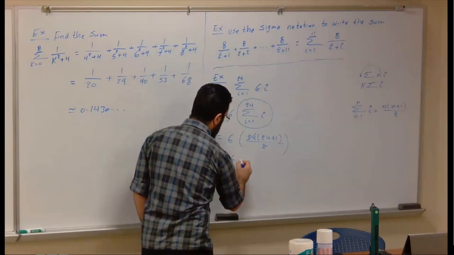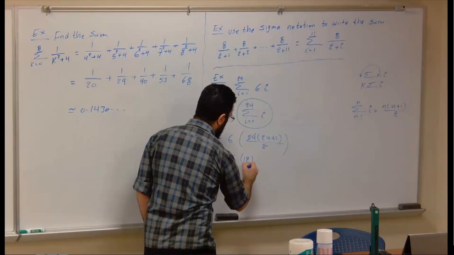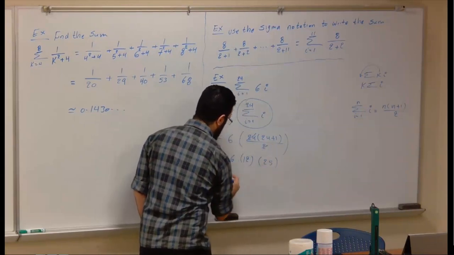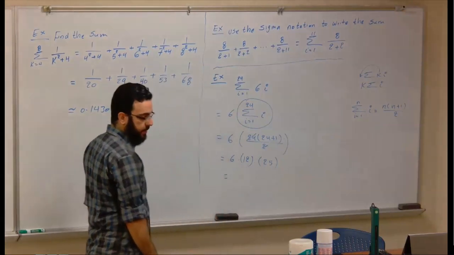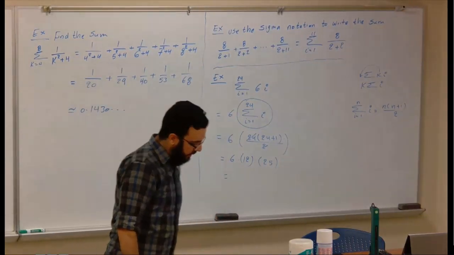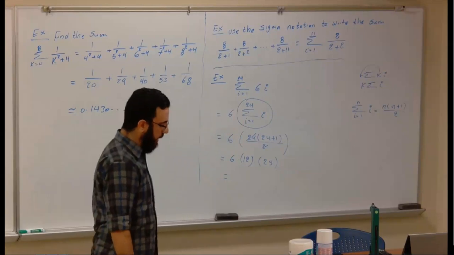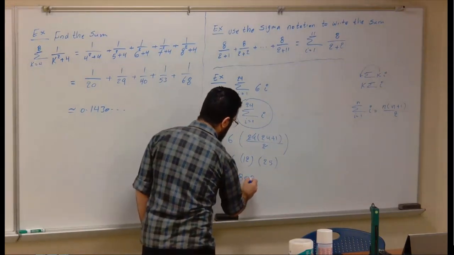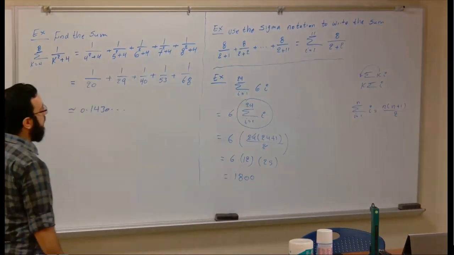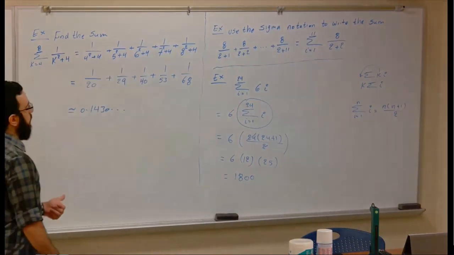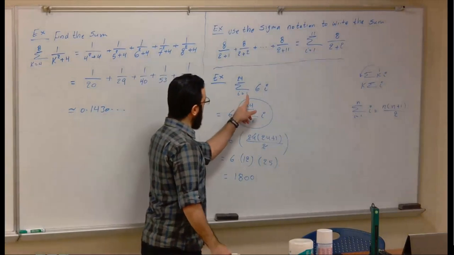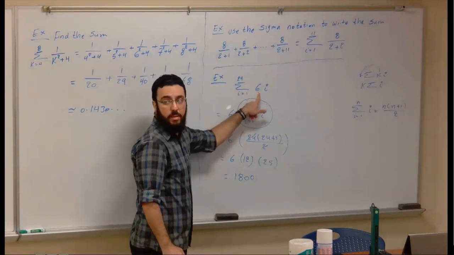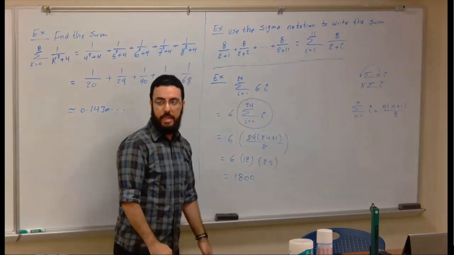So it's going to be 6 times 12 times 24 plus 1, 25. So how much is going to be the big number? 1,800. That means if you add the numbers from I equal 1 to 24, but multiply by 6, the result is going to be 1,800. Okay.